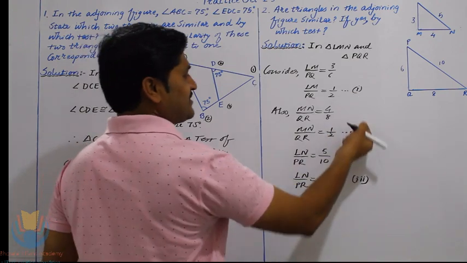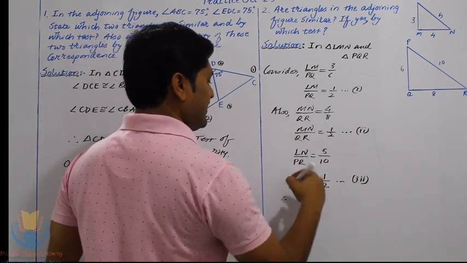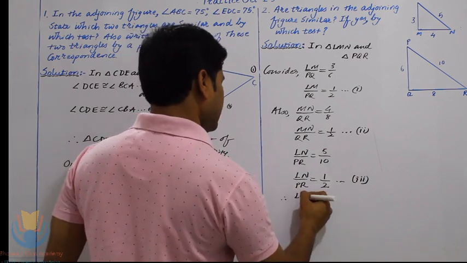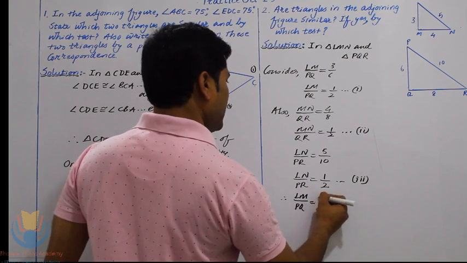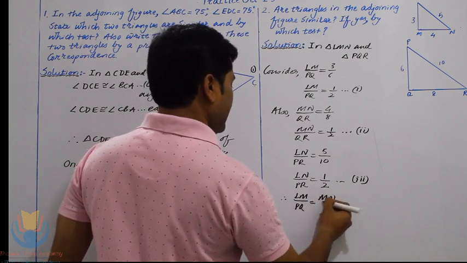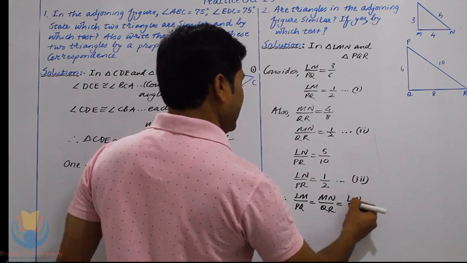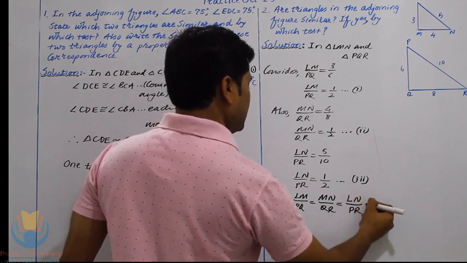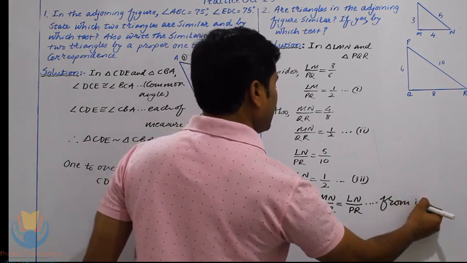So as the right hand sides of those three equations are the same, therefore we can write their left hand sides as equal. Therefore LM upon PQ will be equal to MN upon QR, which is equal to LN upon PR. So here we will write the reason: from 1, 2 and 3.